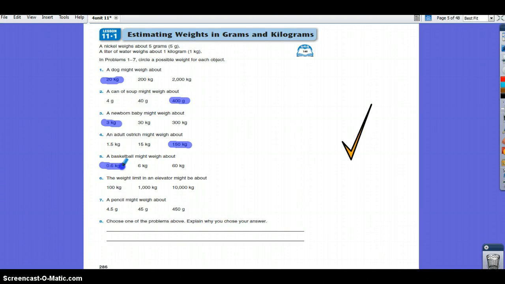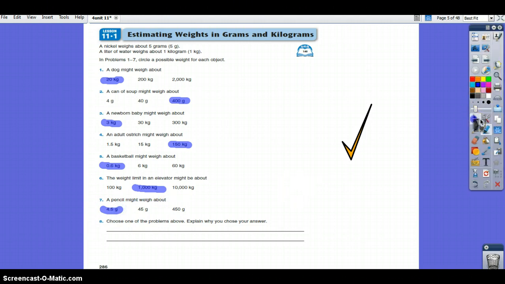Not even a full gram. The weight limit in an elevator might be about what? A 1,000 kilograms. And a pencil might weigh about how many grams? Good, 4.5.